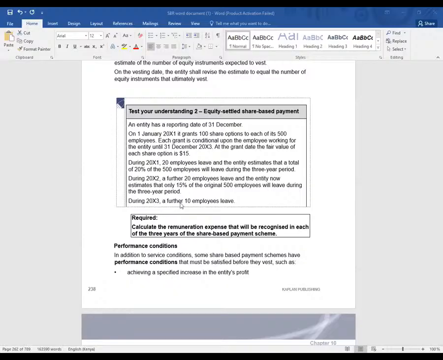So for the year 2023, I will look at how many did leave in 2021. The actual that left in 2021 was 20, so minus 20. In 2022, we also lost 20, and then now we have 10 leaving, so minus 20, minus 10 like that.